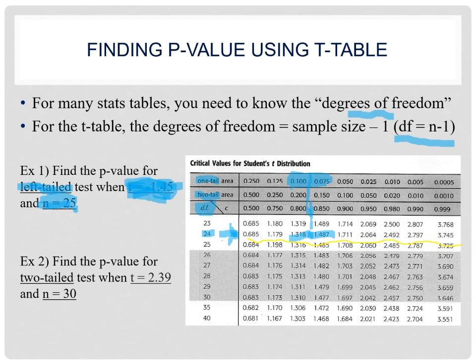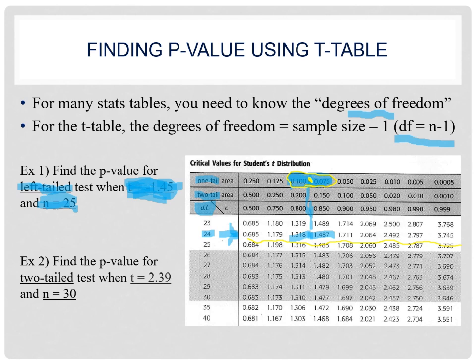So because 1.45 is somewhere in between, the p-value has to be somewhere between 0.075 and 0.1, so 7.5% and 10%. The chances of me getting 1.45 is somewhere between 7.5% and 10%. That's what I now know.